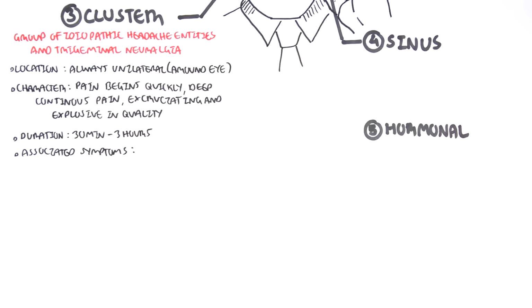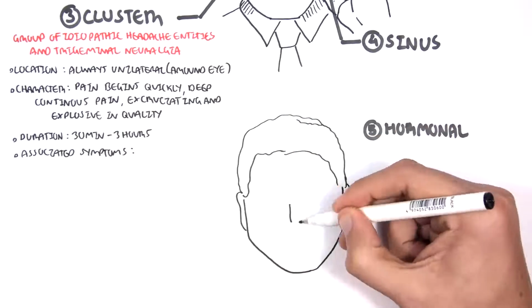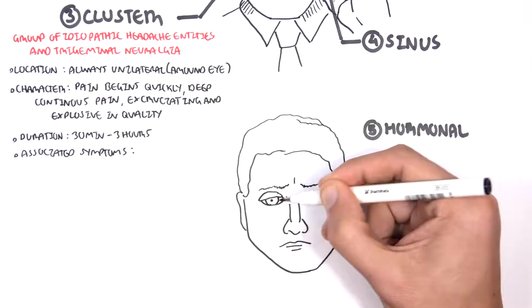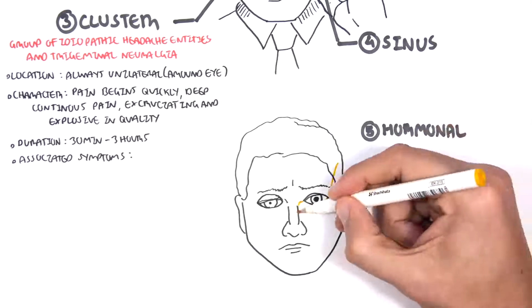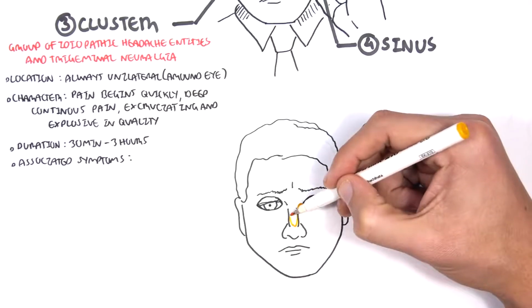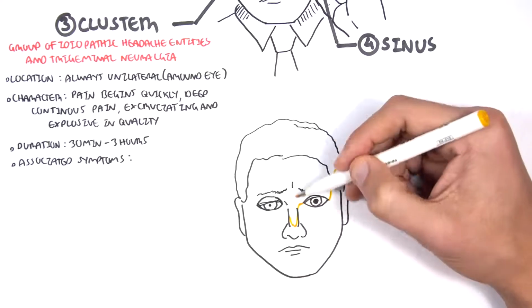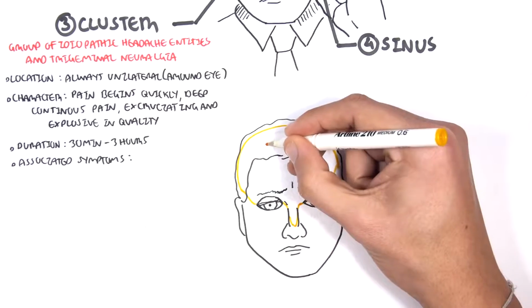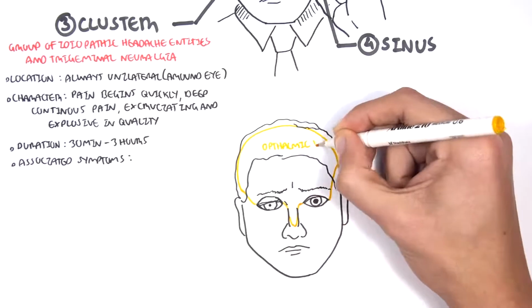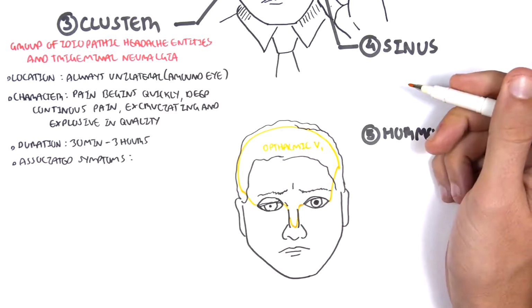So just drawing it out, here I'm drawing a face. We have to quickly understand what the trigeminal nerve does in order to understand the symptoms associated with the cluster headache. The trigeminal nerve is important for sensation around your face. It senses an area around your forehead, which is supplied by the ophthalmic branch of the trigeminal.